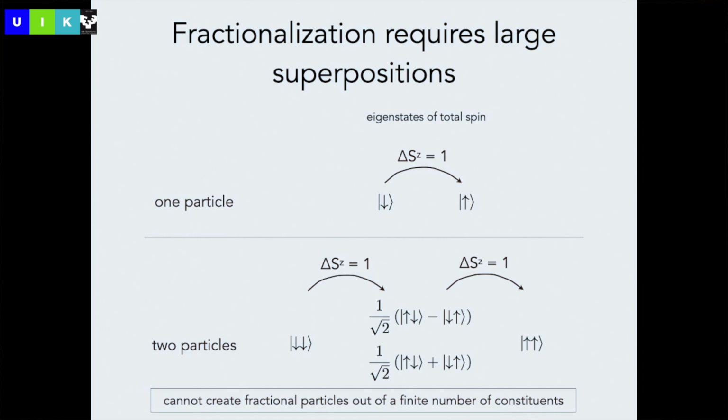Now, you could say, well, let me try with 2 particles. With 2 particles, of course, it's a little bit more complicated. Nevertheless, we know that for an eigenstate of total spin, if the spin is a good quantum number, it's still going to be basically additions of spin 1.